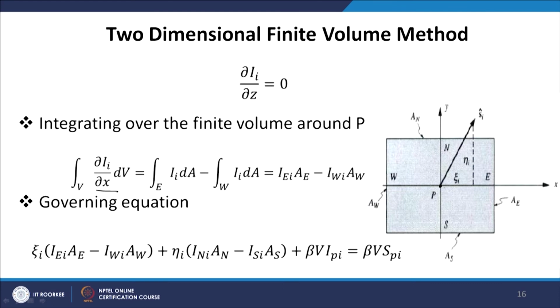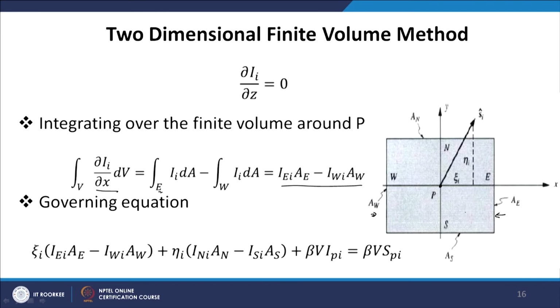So, this del I by del x dV, that is the integral over this volume, has been converted into the flux of intensity at face E. E represents the east face with area AE, and W represents the west face with area AW, and we can write this as I subscript E I times AE minus I subscript W I times AW, where AE and AW are the face areas, and I subscript EI and I subscript WI are intensities averaged over these face areas.